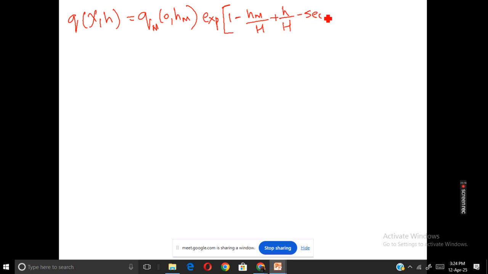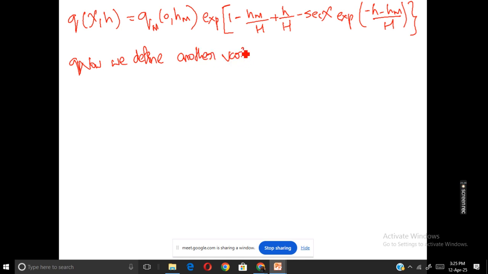So after combining the exponential terms, we can write Q of chi h is equal to Qm0 hm into exponential of 1 minus hm by H. Now we can define another variable for height, Z, which is given by h minus hm by H. This term can be replaced by Z.